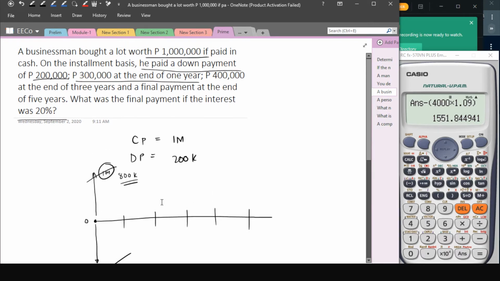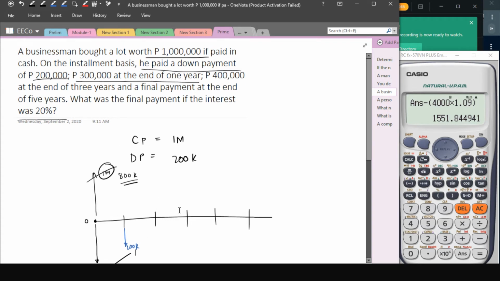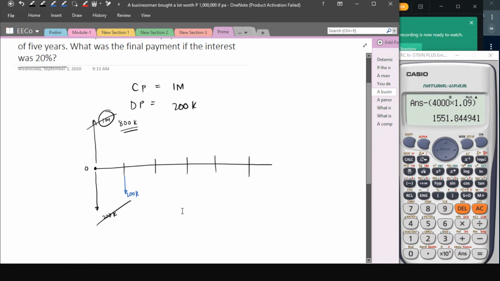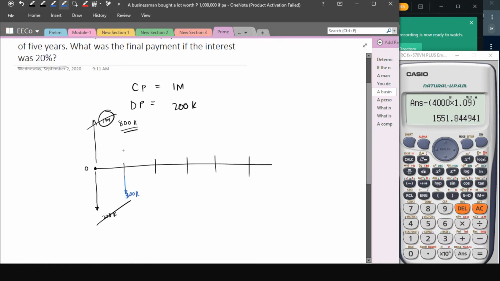At the end of the first year, nagbayad ka ng 300K, hindi pala 200K yan, 300K, namalikmata ko. At the end of the 3 years, so this is 1, 2, on the third year, naglabas ka ulit ng 400K.